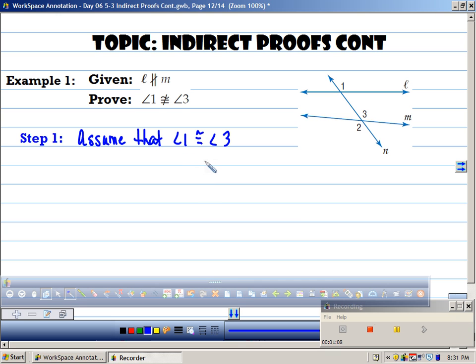So just like we did yesterday, if it's telling me that if this, then that, then whatever we would start with is our contrapositive.